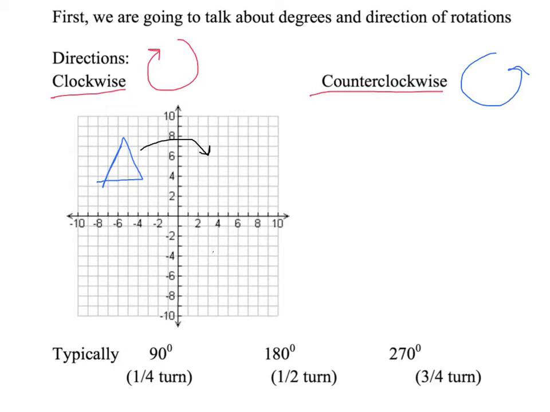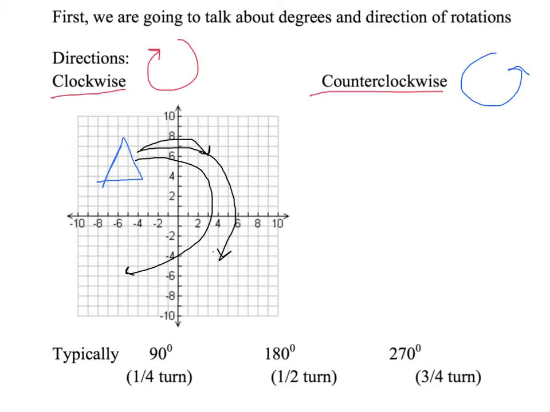If I wanted to rotate that same blue triangle 180 degrees clockwise, I would go from quadrant 2 to quadrant 4. Finally, if I wanted to rotate the blue triangle 270 degrees clockwise, I would go 3/4 of a turn. There's 1/4, 2/4, 3/4 of a turn, and it would end up in quadrant 3.